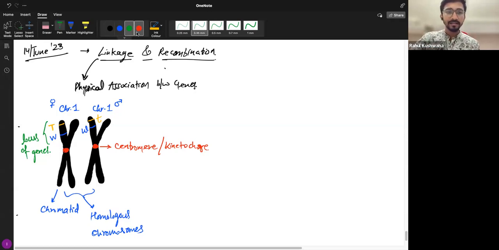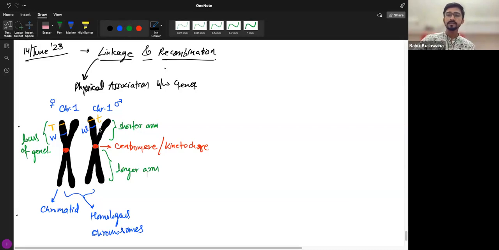So what do I mean by length of the arms is this. This one is the shorter arm, right? Can you see that it is slightly shorter? And this one is the longer arm of the chromosome, make sense?